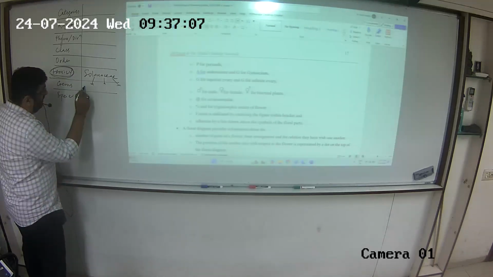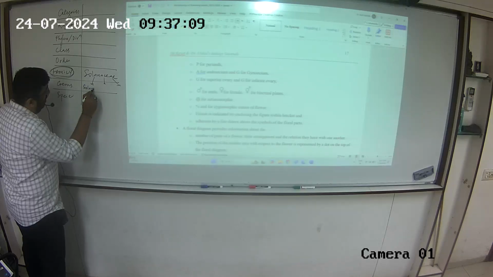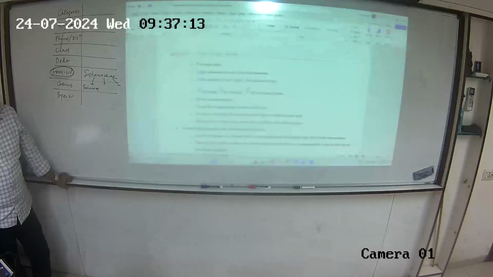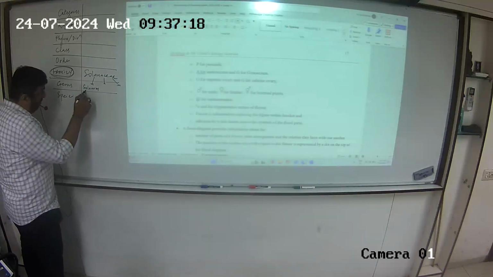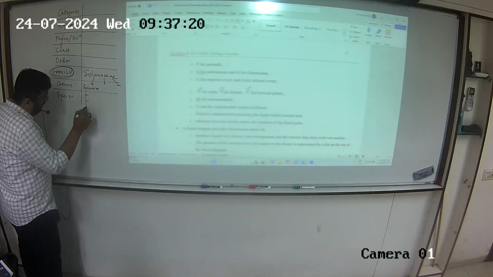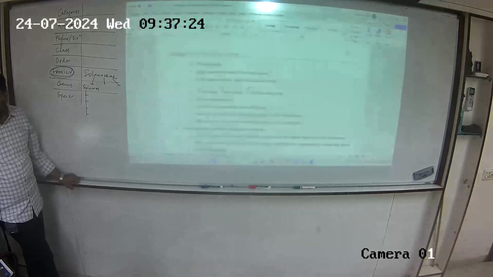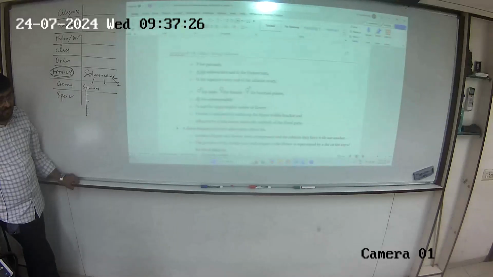One of the genus under Solanaceae is Solanum. Under Solanum, you can have multiple species. Now, can you see the family or the tree type structure now? Right?